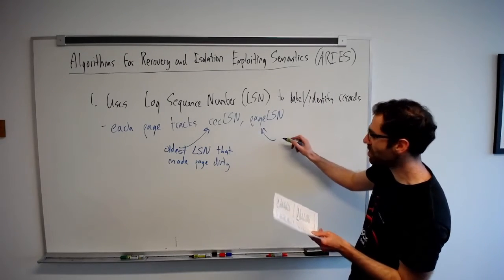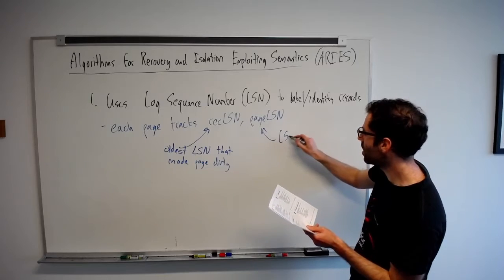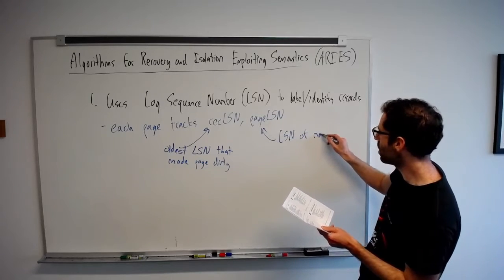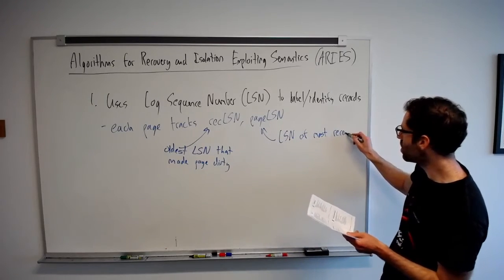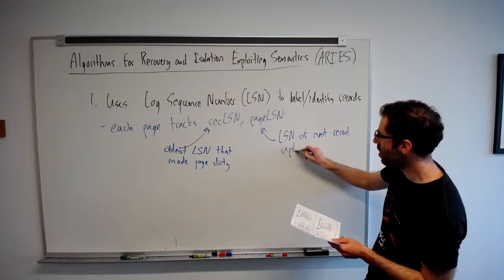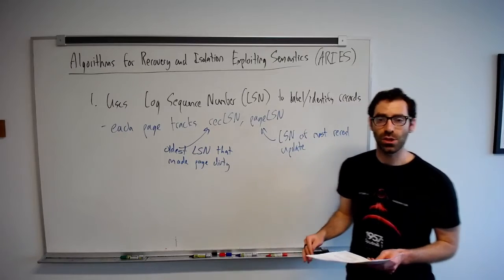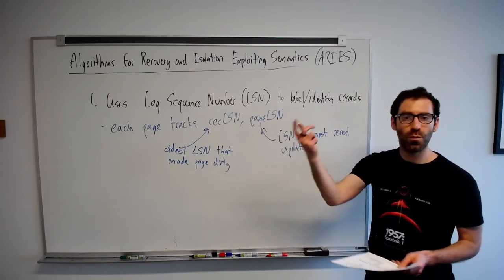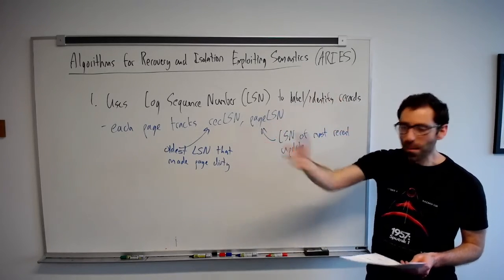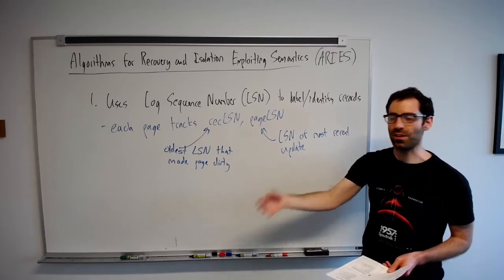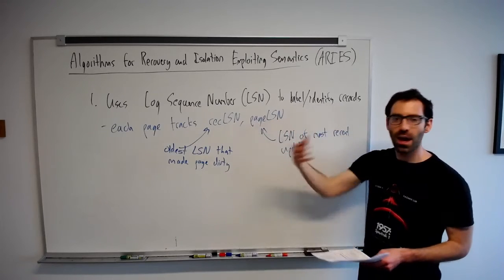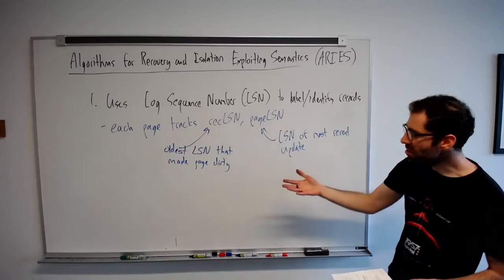The page.lsn is the LSN of the most recent update to the page. And this could be different for a dirty page in memory than the version of that page on disk, because the dirty page in memory has had updates that the page on disk doesn't.